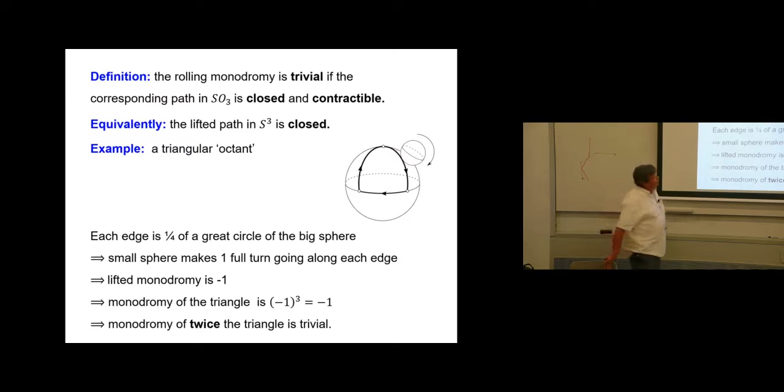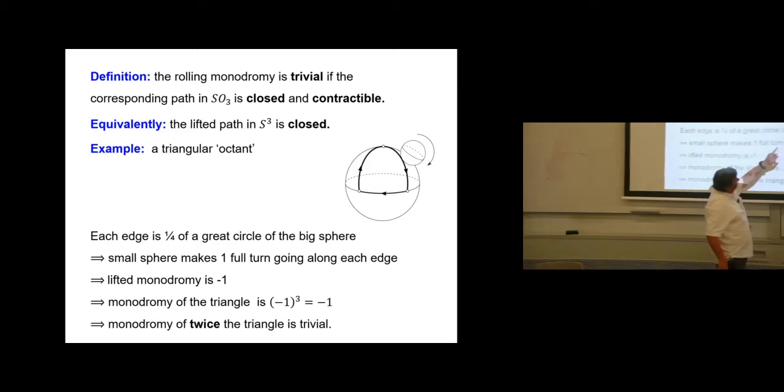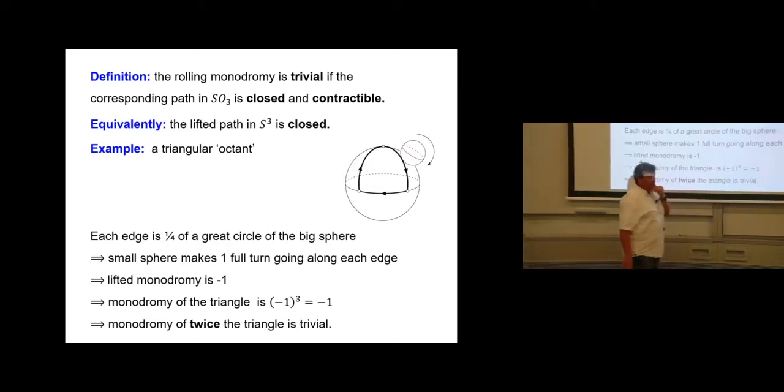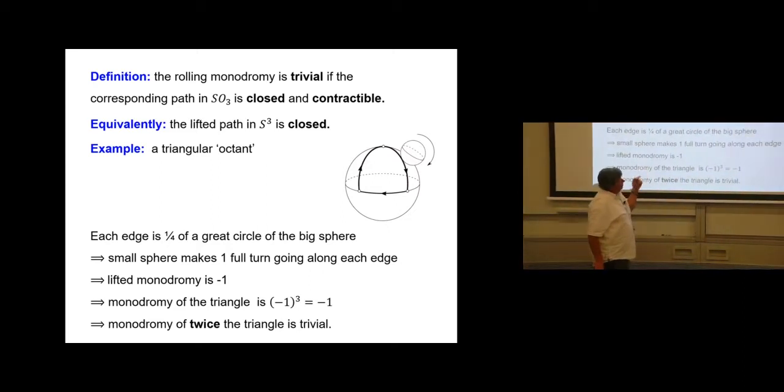So remember my example of rolling around a complete great circle. Now if I take a triangle, this 90-90-90 triangle on the big sphere, each of its edges is a quarter of a great circle. If the whole circle is 4 rotations, then 1/4 is 1 rotation.